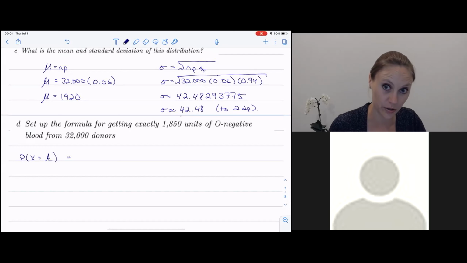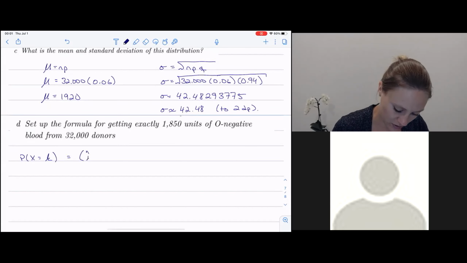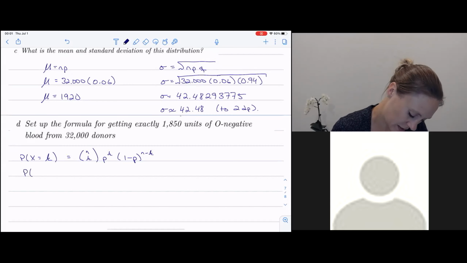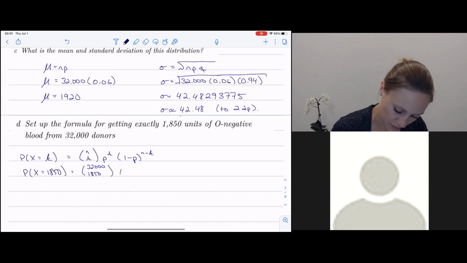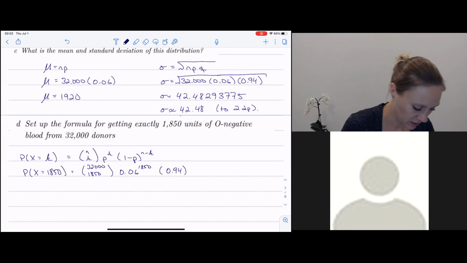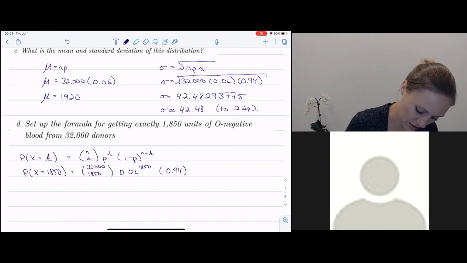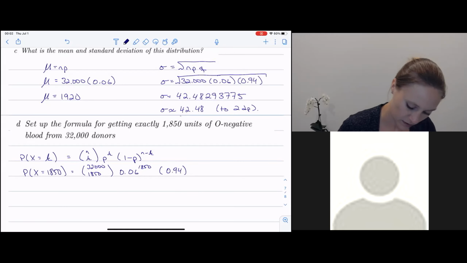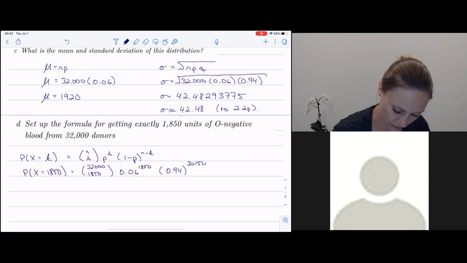I'll just write out the general formula, right? It's N choose K times P to the K times 1 minus P to the N minus K. So the probability that X equals 1850 is 32,000 choose 1850 times 0.06 to the power of 1850 times 0.94 to the power of 32,000 minus 1850, which is 30,150.